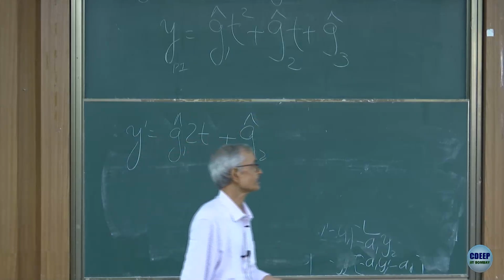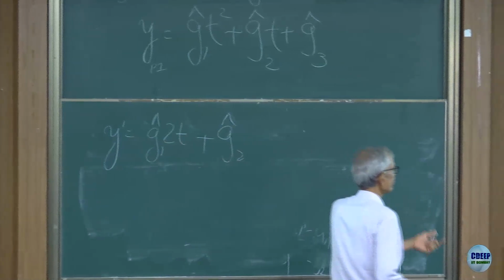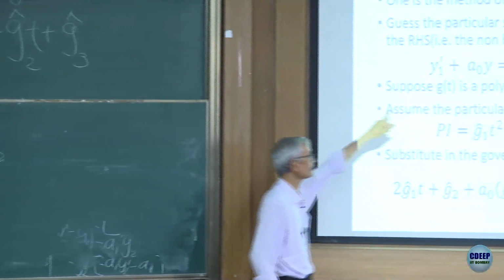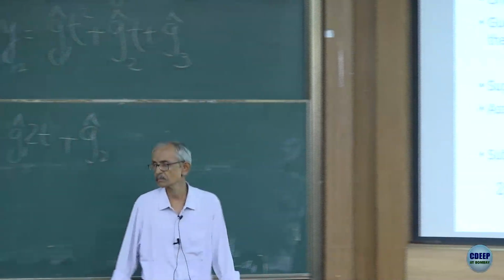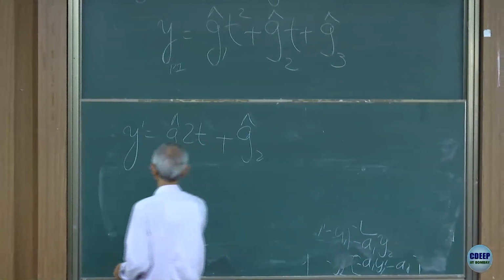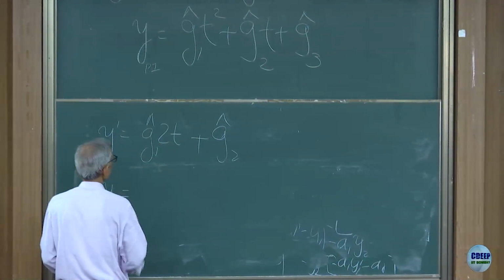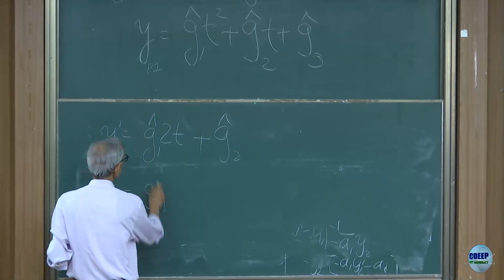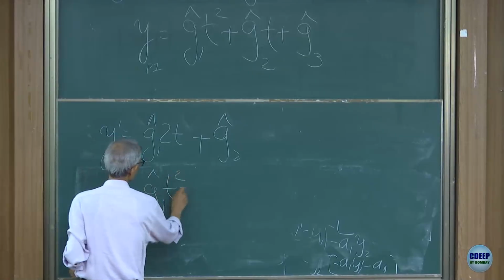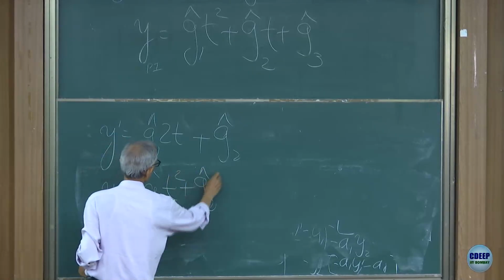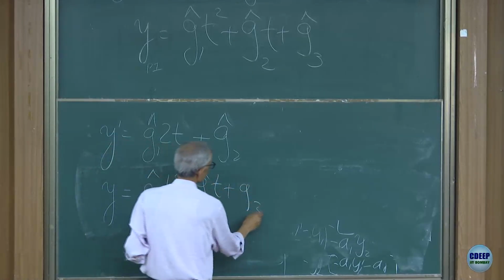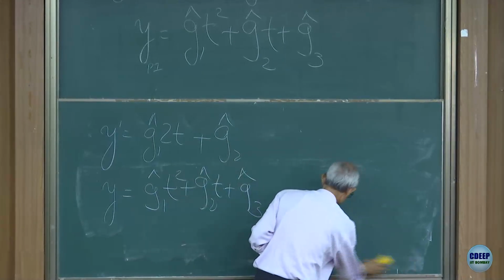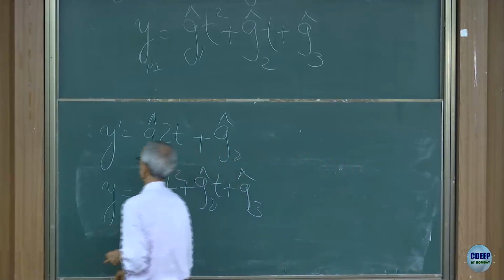Okay. So twice g1 hat t plus g2 hat is the first term, the y prime term, plus then I have this y which is g1 hat t square plus g2 hat t plus g3 hat, and the sum of these two is equal to 0.